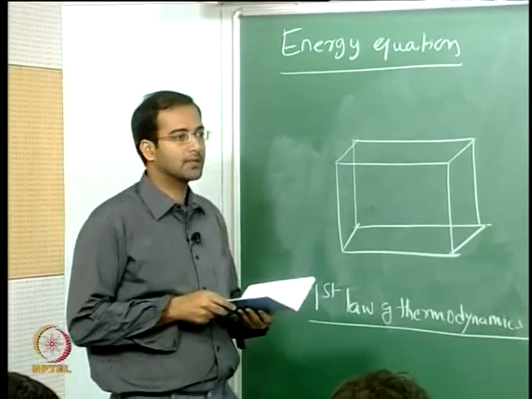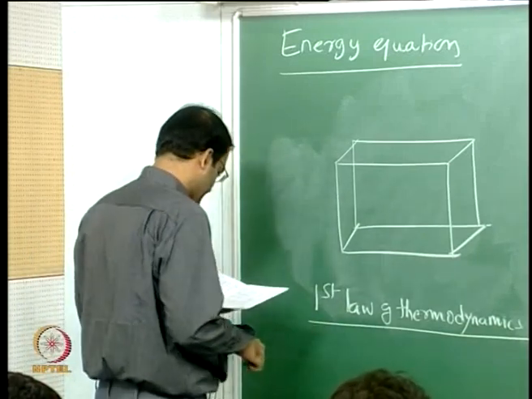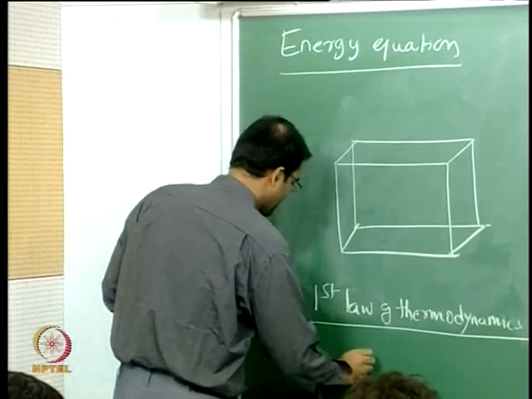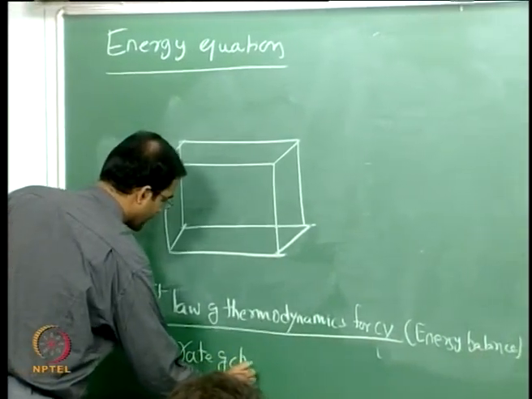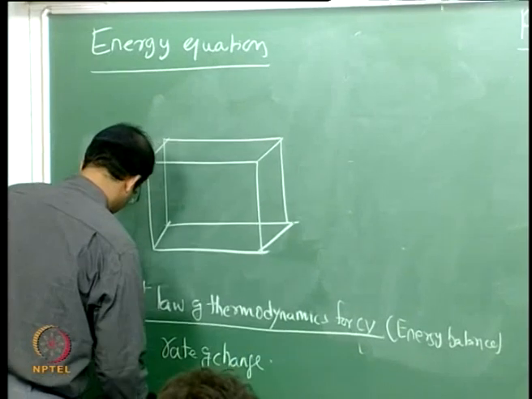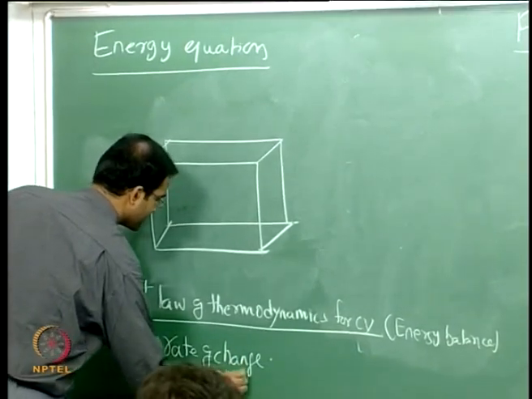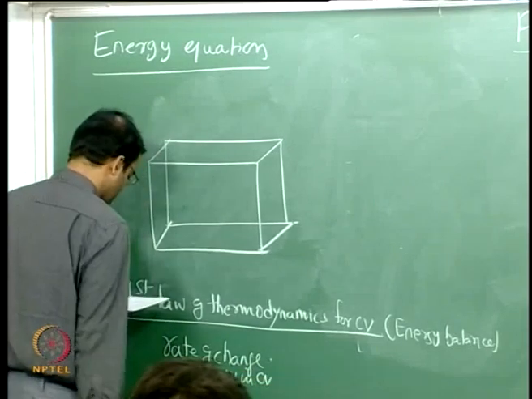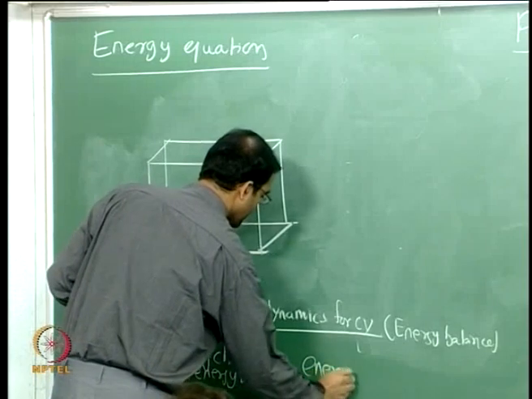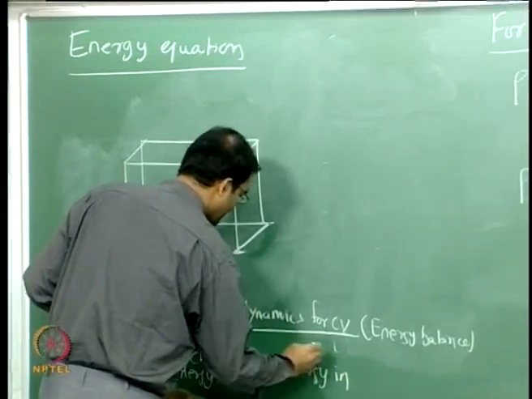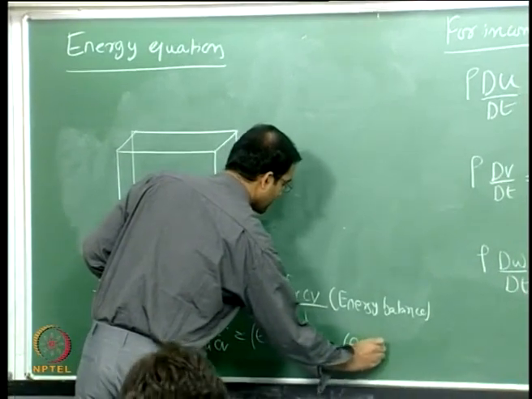Let us expand upon the term efflux of energy. There are many contributions to that. What it says clearly is that the rate of change of energy in a control volume should be equal to the rate of energy in minus the rate of energy out.